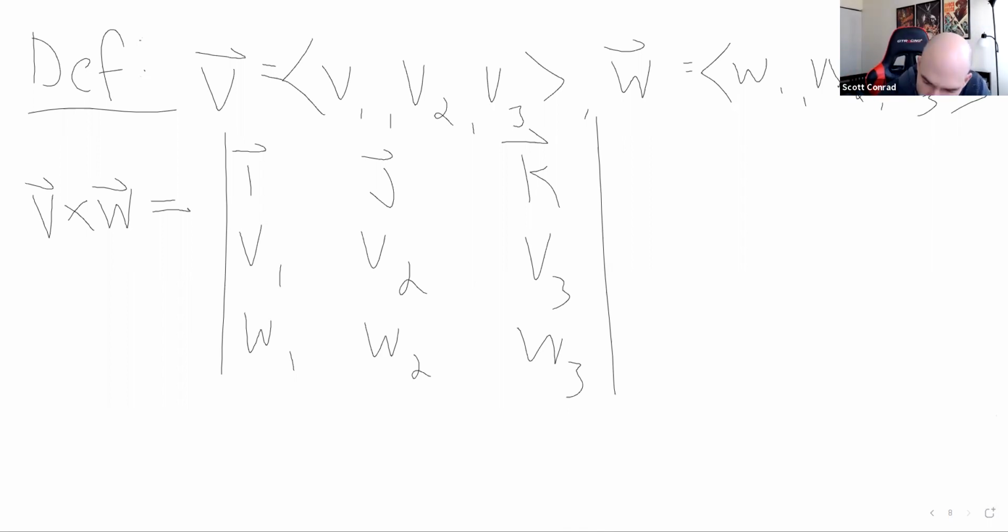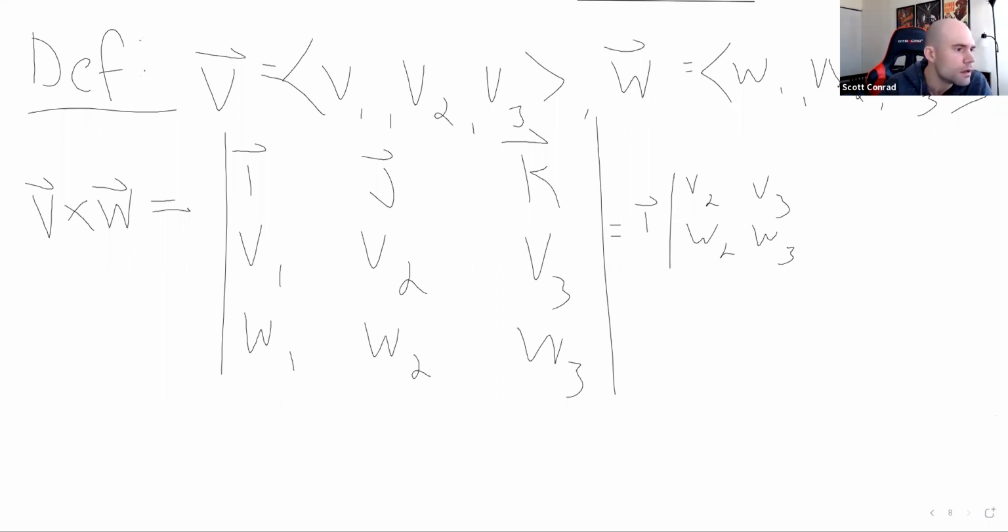So this is how you're going to remember it. But if you write it out, you get I times the determinant of V2, V3, W2, W3.